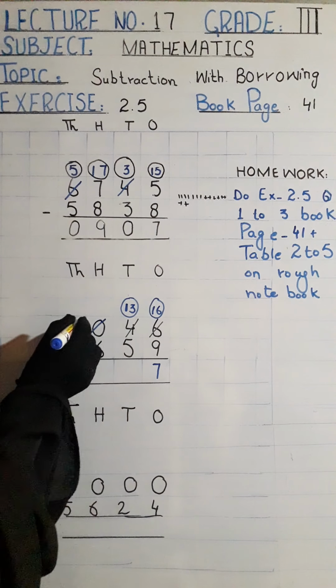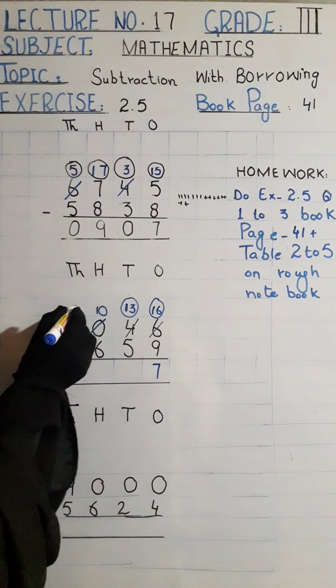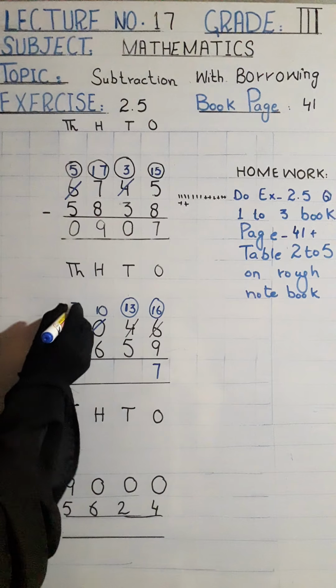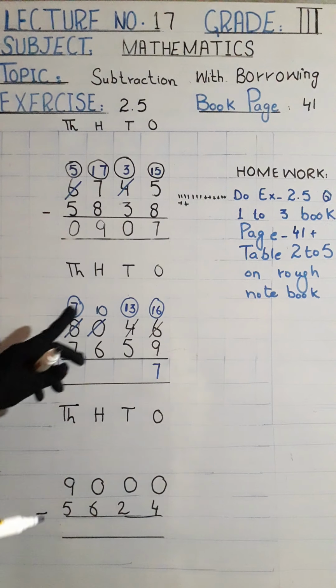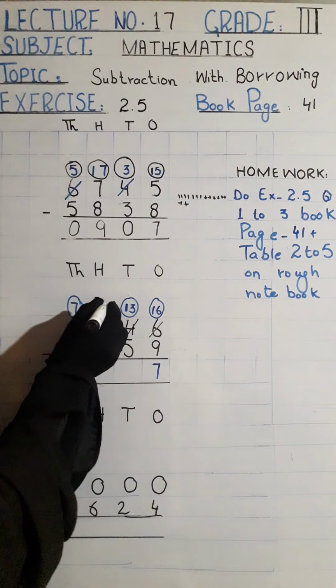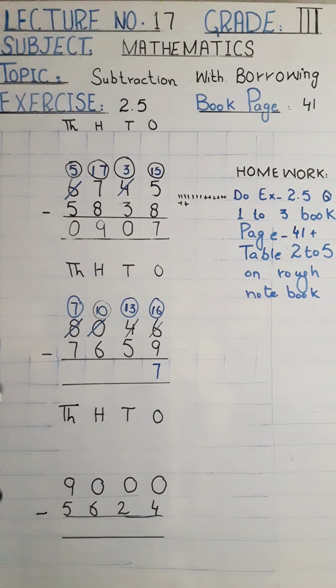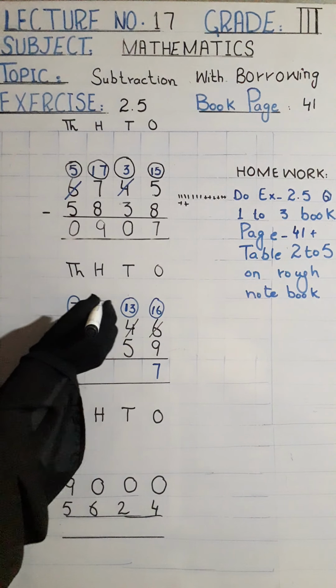Like here. It is 10 and here he borrowed, it's 7. This 10 easily helps the tens column, and you people easily borrow from the hundreds like this.